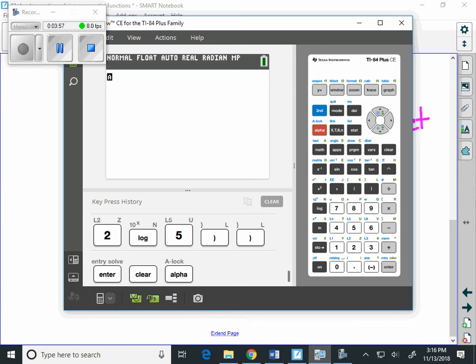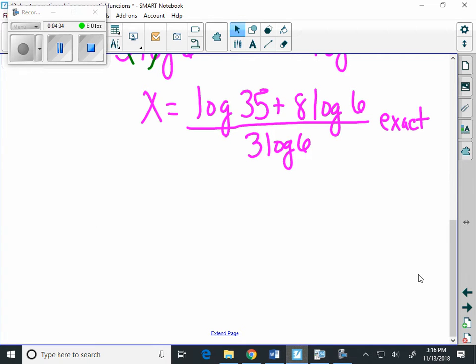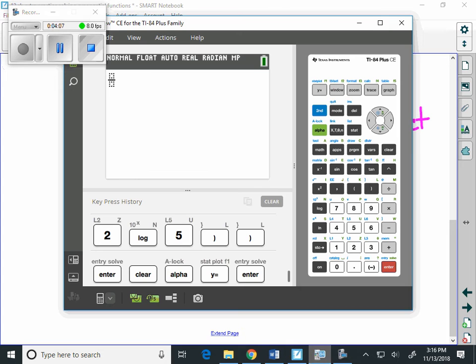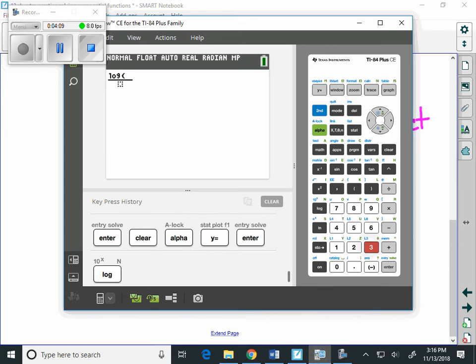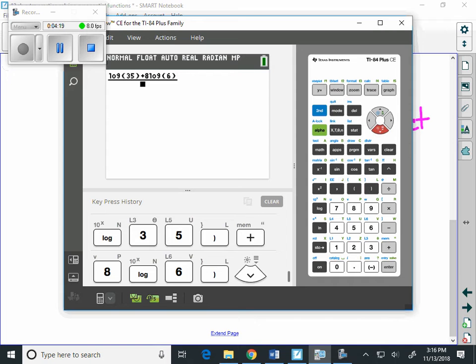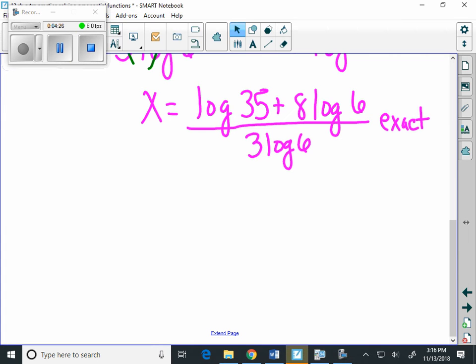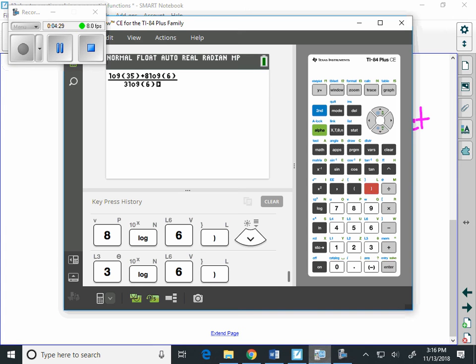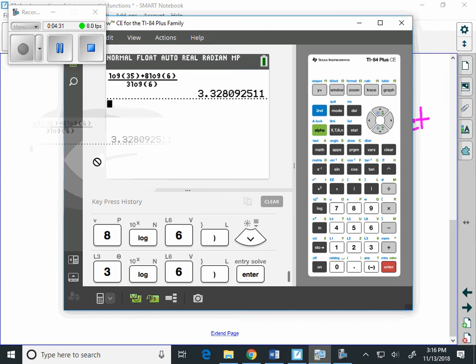Press alpha y equal to get your fraction button, and then log of 35, close the parentheses, plus 8 log of 6, close the parentheses, divided by 3 log of 6. Just checking my work here, yes. And when we press enter, we get that value.